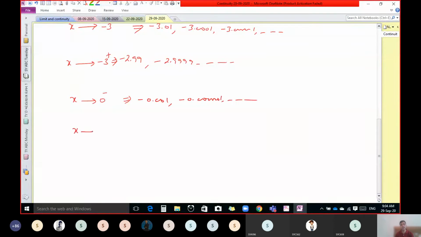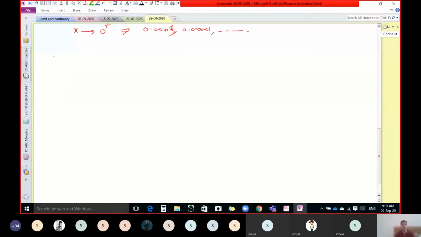And if we write 0 plus, it is plus 0.001, correct, or plus 0.00000001 like that. So now onwards, if there is a number and we write a minus sign, then the value of x is nearer to that number but less than that. If plus sign is there, then more than that.